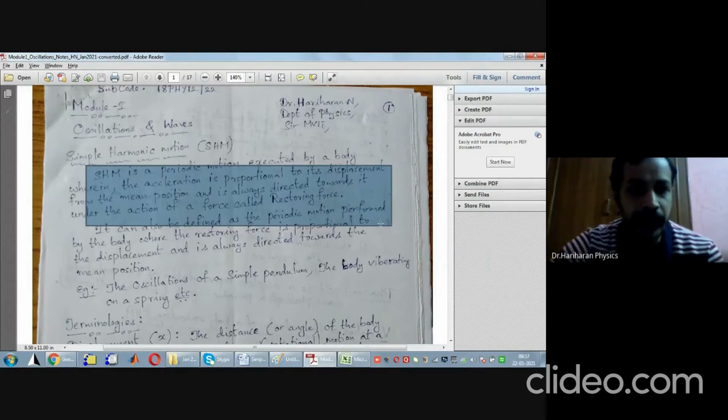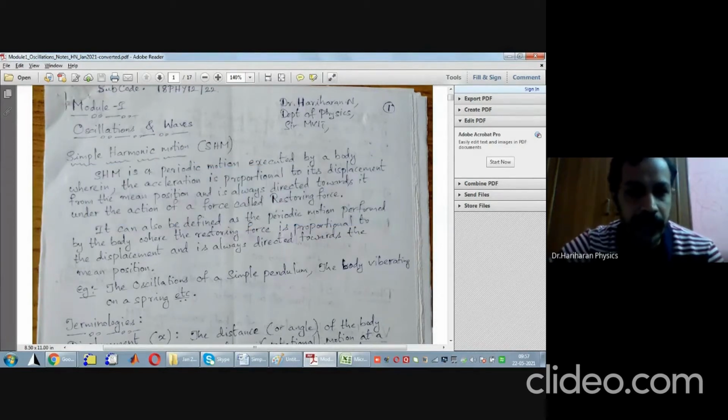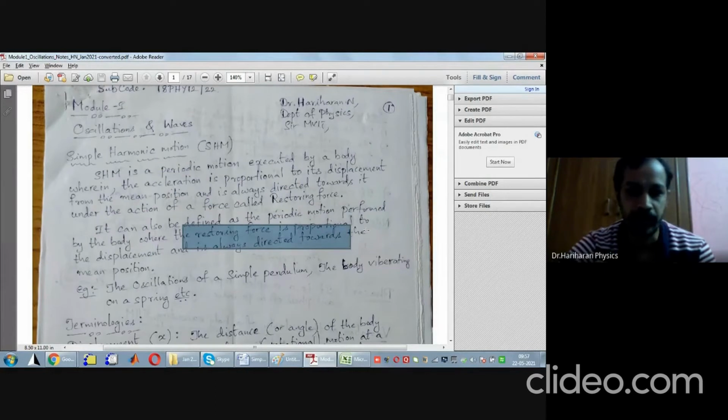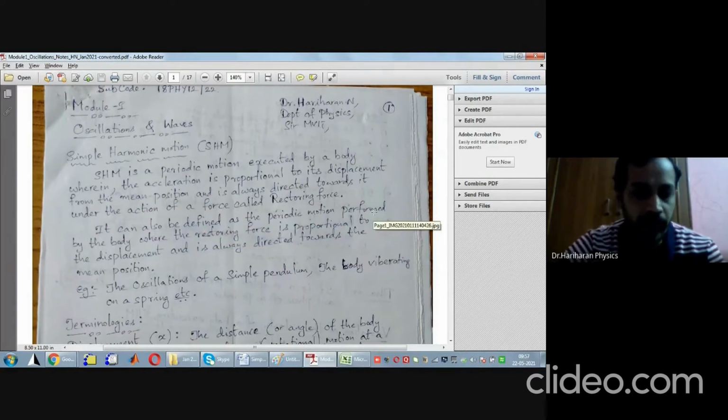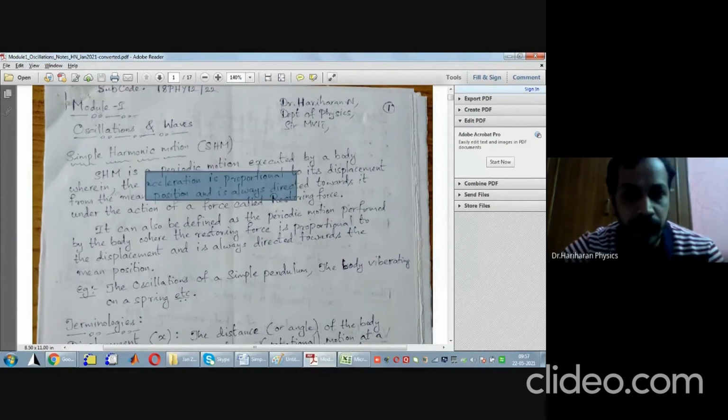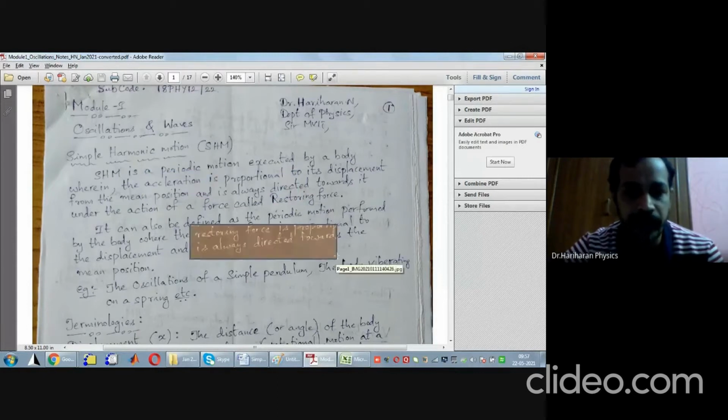Once again, I'll repeat. Look here. Simple harmonic motion, you can either define it in terms of acceleration being proportional to displacement or restoring force being proportional to displacement. Why is this?